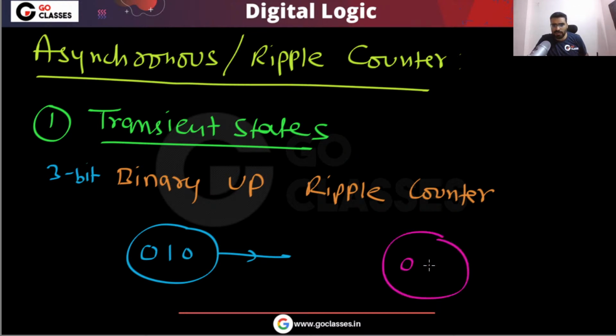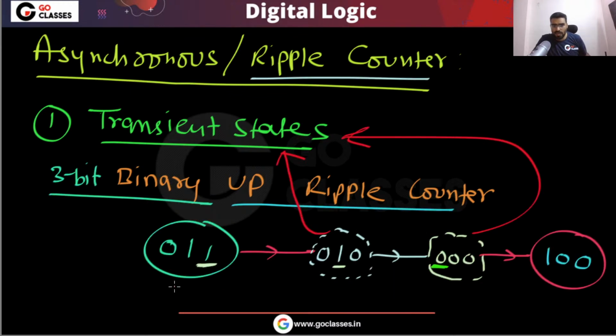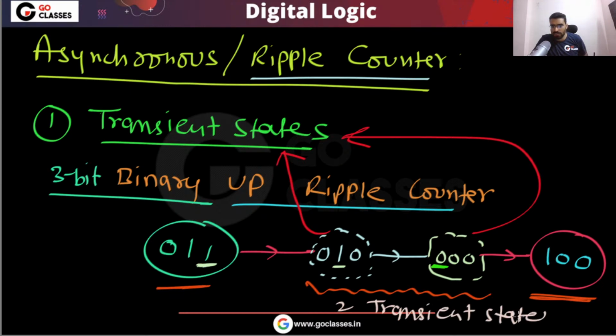This is state 2, so the next state will be 3. How many transient states will be there? You can notice here you have 2 transient states. From this state you should go to the next state, but for a moment you will get these states, because first the LSB will change, then the middle bit will change, and then finally the MSB will change. So I can say that a total of 2 transient states we got in this.